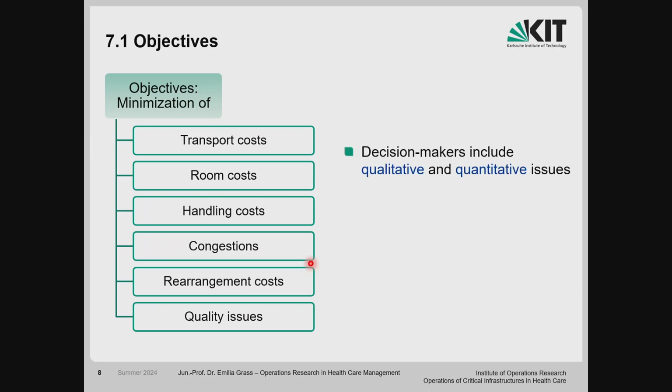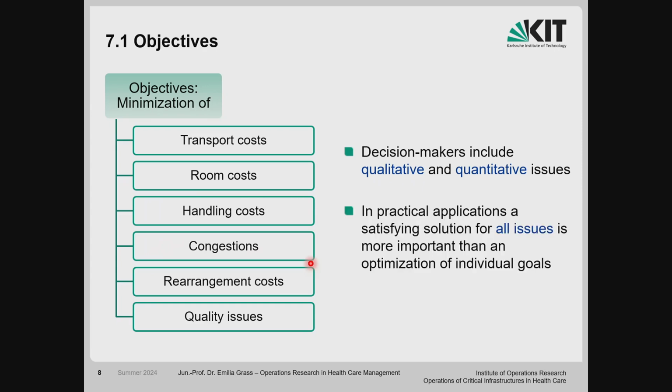Okay, so decision makers would like to have these kind of qualitative and quantitative measures that they would like to improve, and in practice, of course, we would like to satisfy all these issues instead of focusing just on cost or just on quality issues, because we have to meet this trade-off, okay, and to balance the cost and the quality.